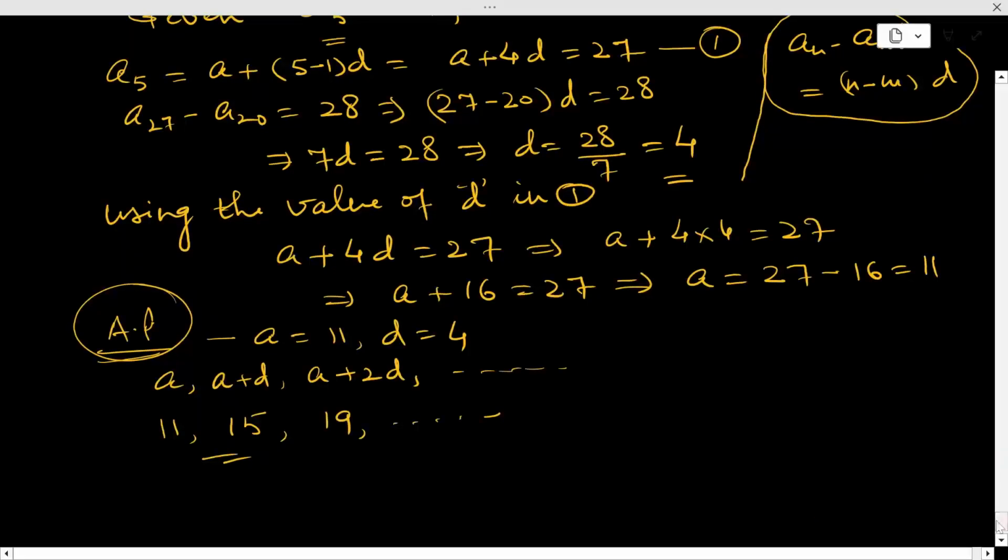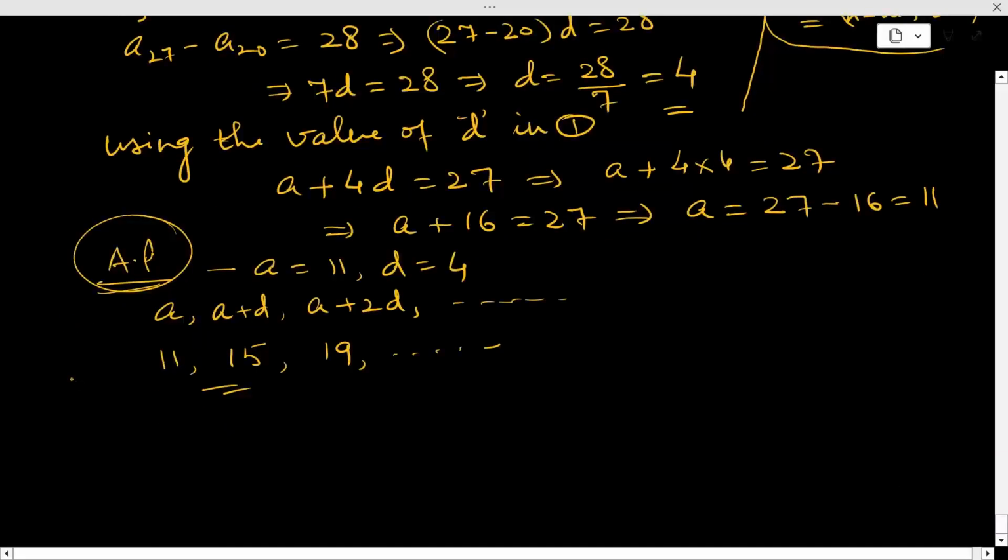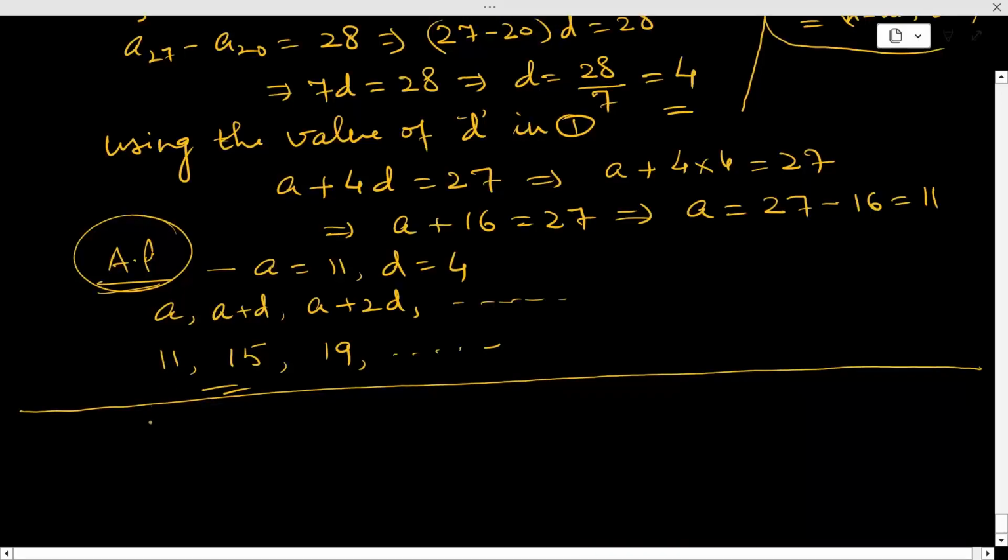Now let us have a little bit more complex problem on the formula of the general term.